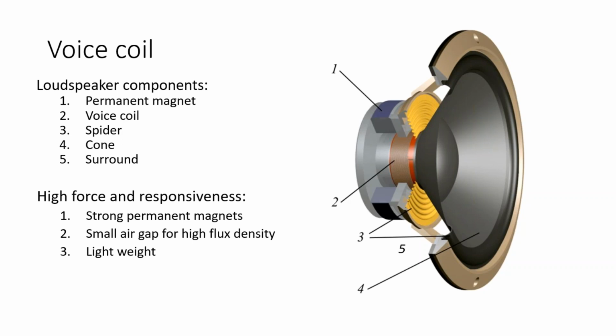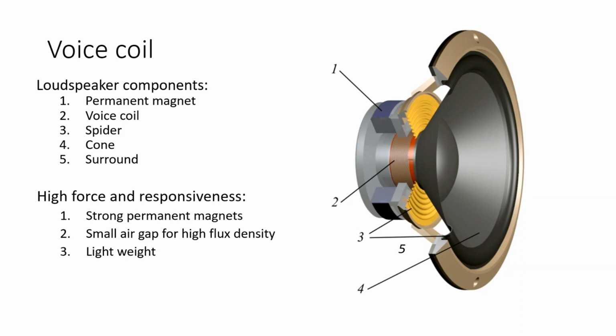The audible range of the human ear is at frequencies of up to 20 kilohertz. So to be able to generate these high frequencies accurately, the moving component cannot have high inertia, which would otherwise damp these high frequency signals.